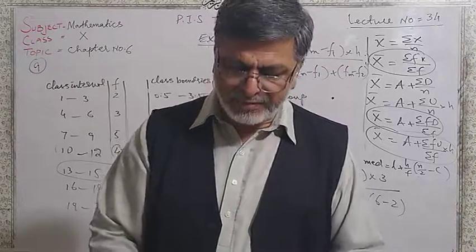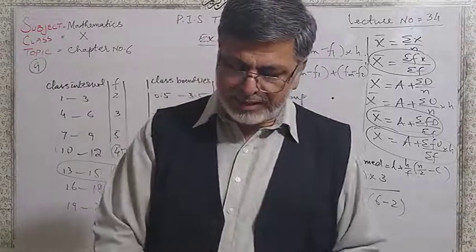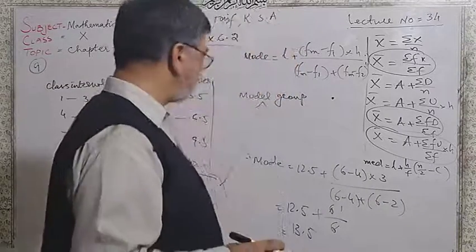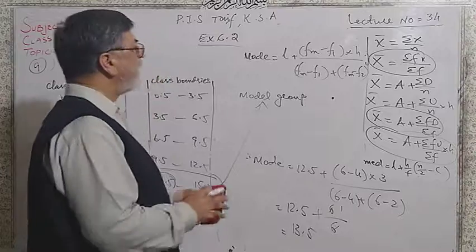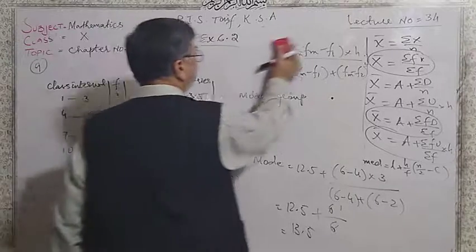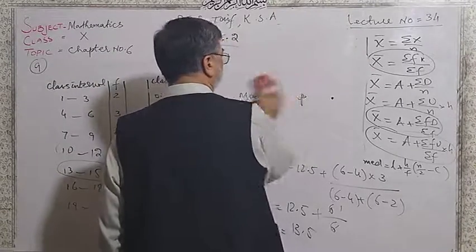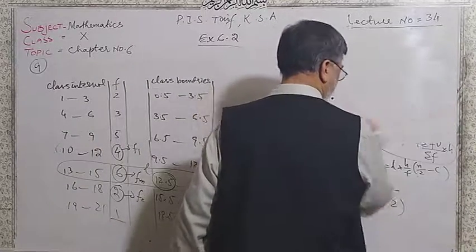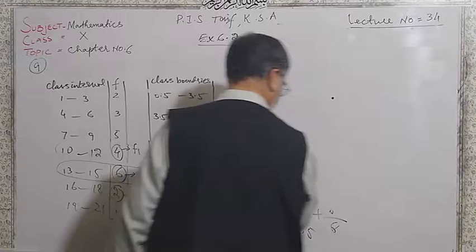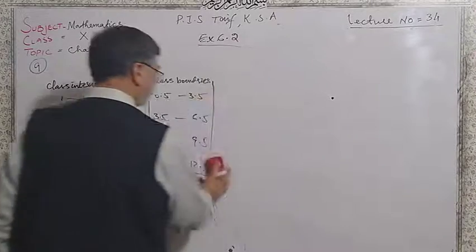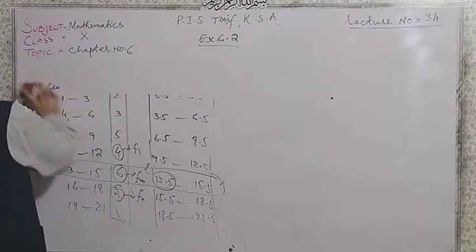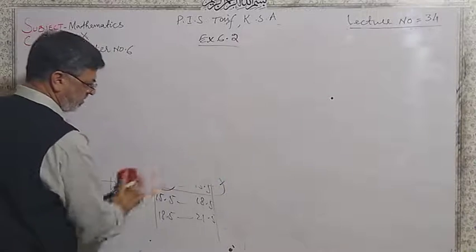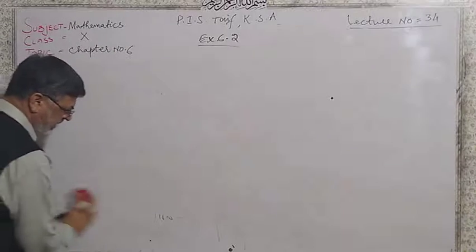After that we have question number 11, and remember in question number 11 we have weighted average, the formula for weighted average. This is a type of average or weighted mean, you can say.